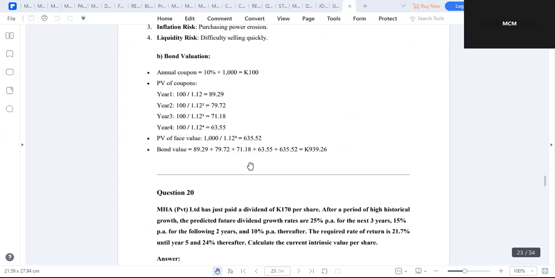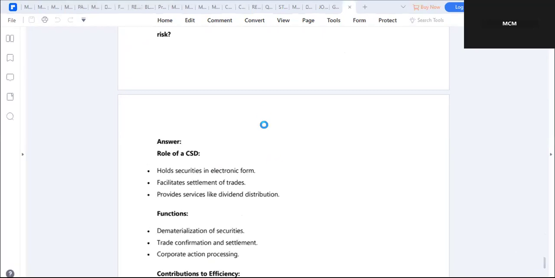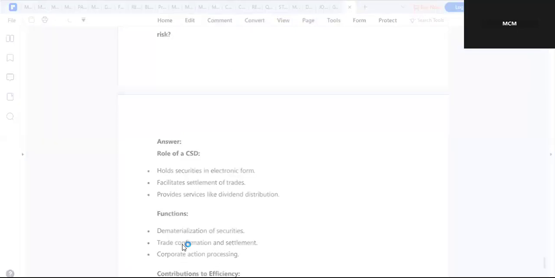What are the steps involved in the banker's acceptance?